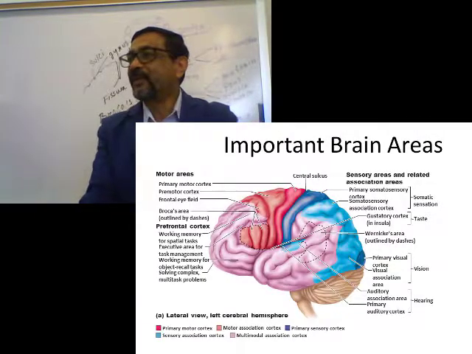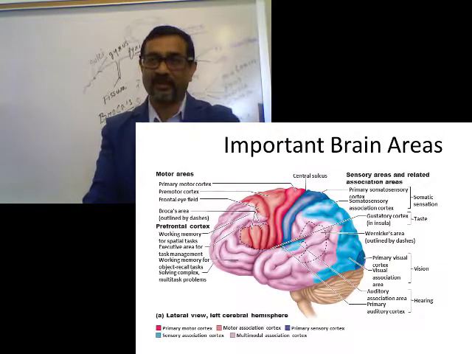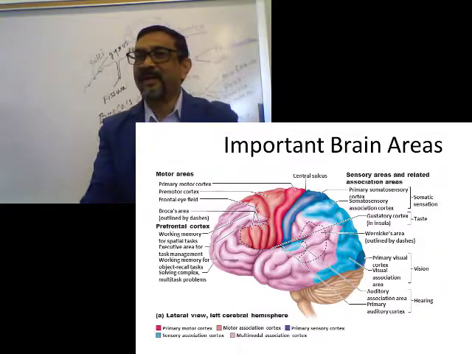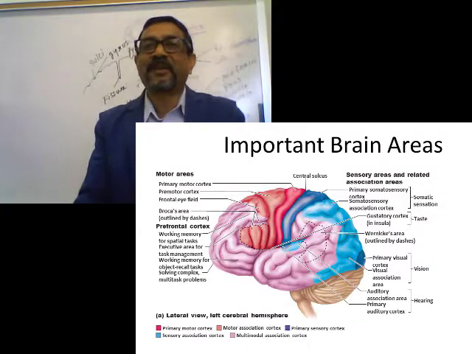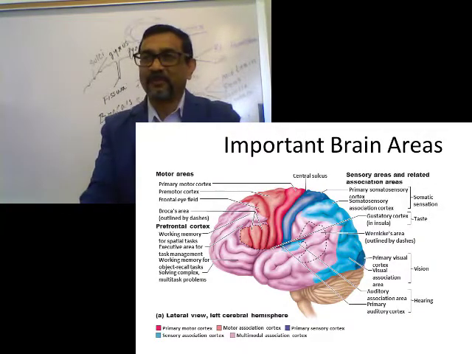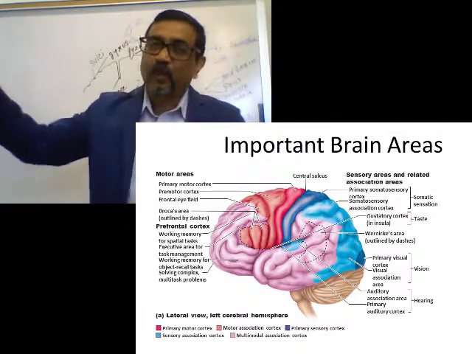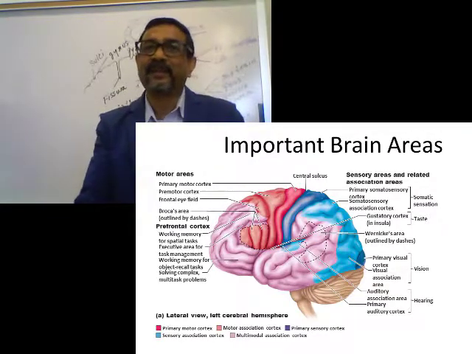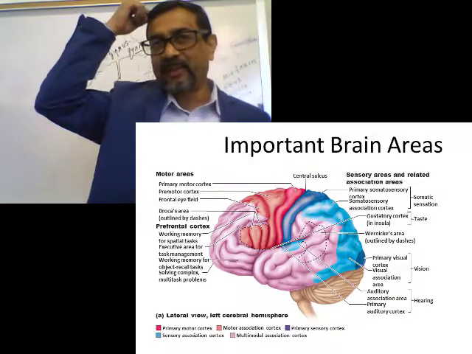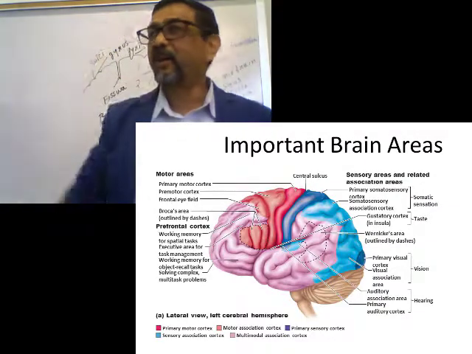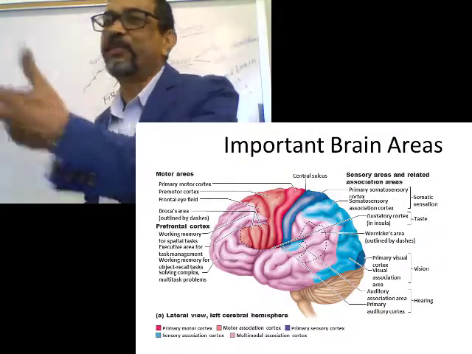Broca was a French neurologist, a doctor, and he had a patient for many years. And at one point, his patient got a stroke in the brain and lost his ability to speak.